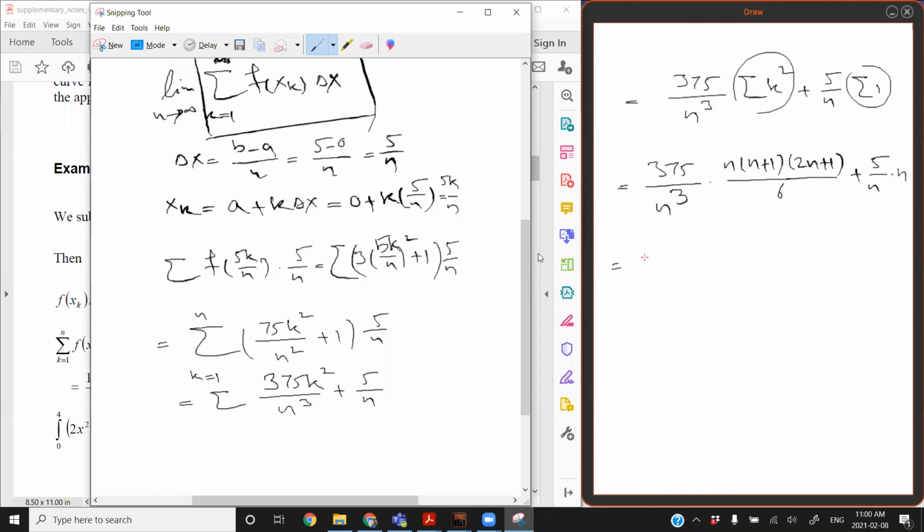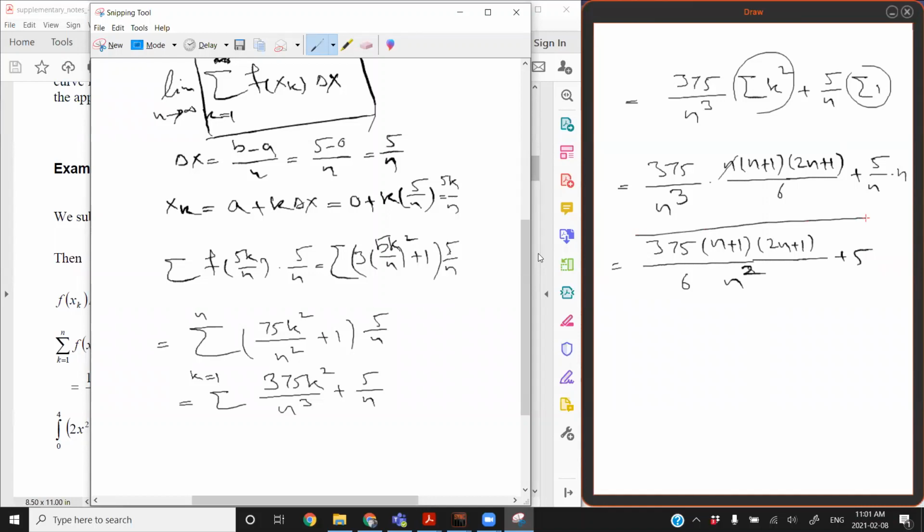So if I simplify that, I get 375 times n plus 1 times 2n plus 1 over 6 times n to the power of 2, because n cancels one of the n's here. And here I get 5.